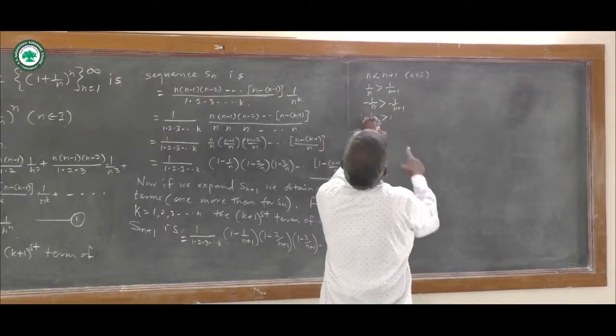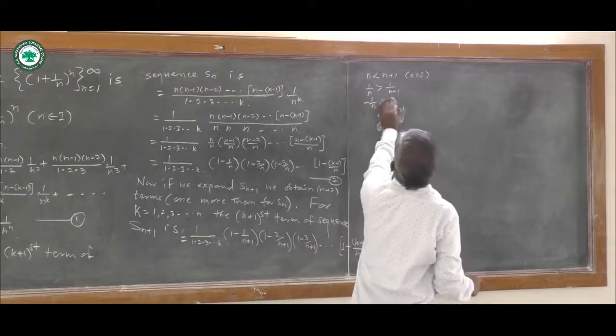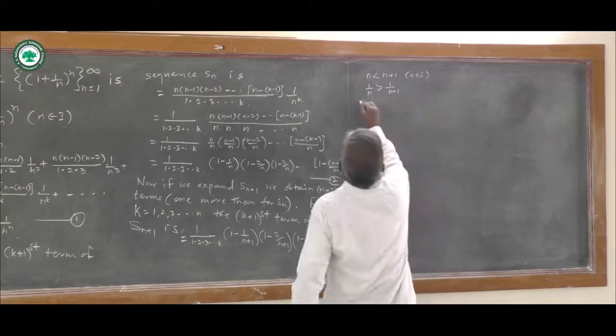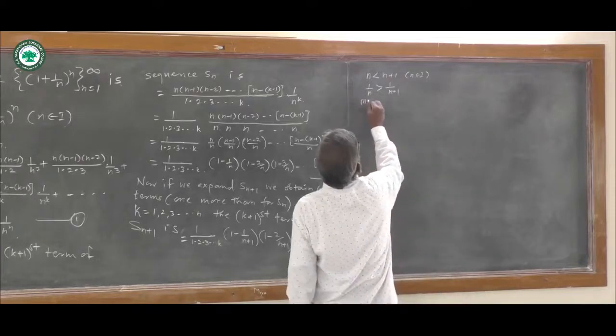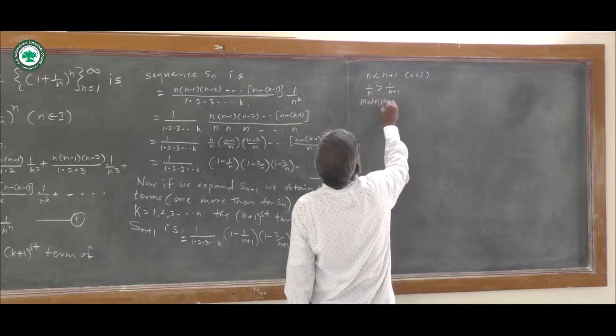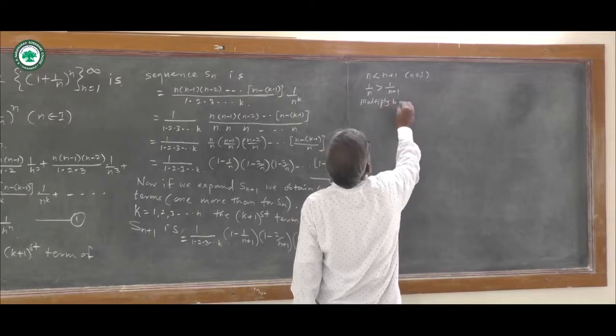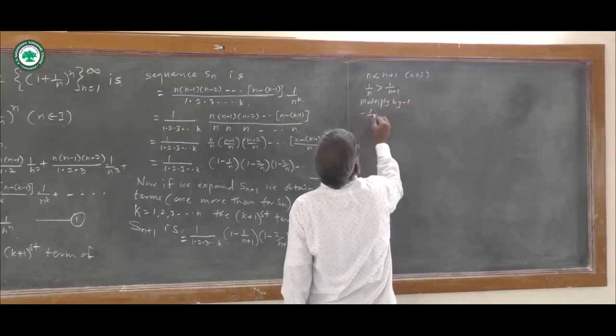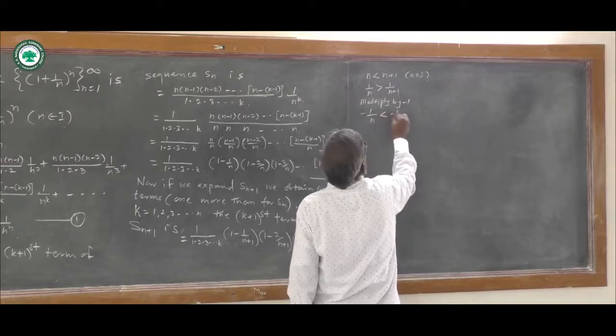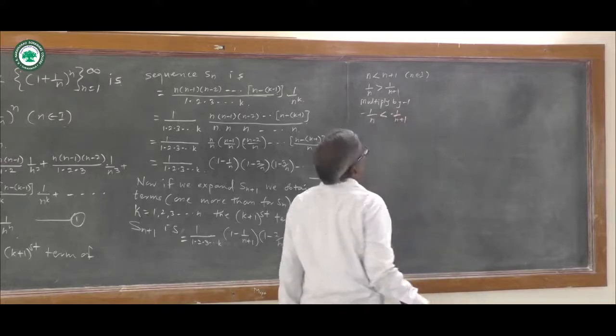Multiplying by minus 1, we obtain minus 1 upon n is less than minus 1 upon n plus 1.